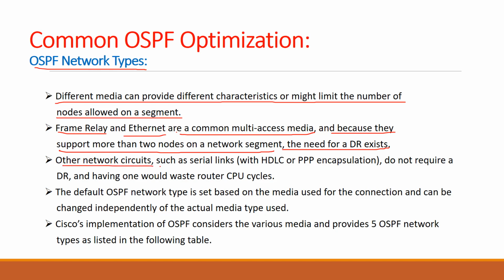Other network circuits, such as serial links with HDLC or point-to-point encapsulation, don't require a DR, and having one would waste router CPU cycles.